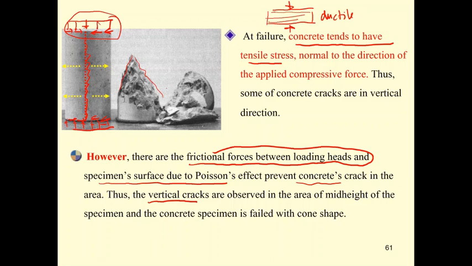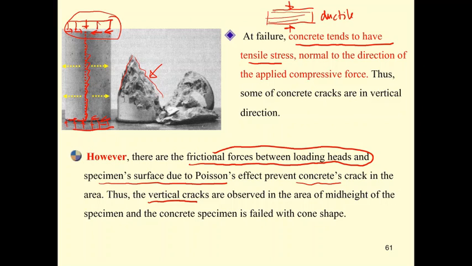Okay, and this inclined crack is about 50 to 60 degrees, which is different from the cracks in aluminum alloy or in cast iron, since the surface of this crack is not smooth.